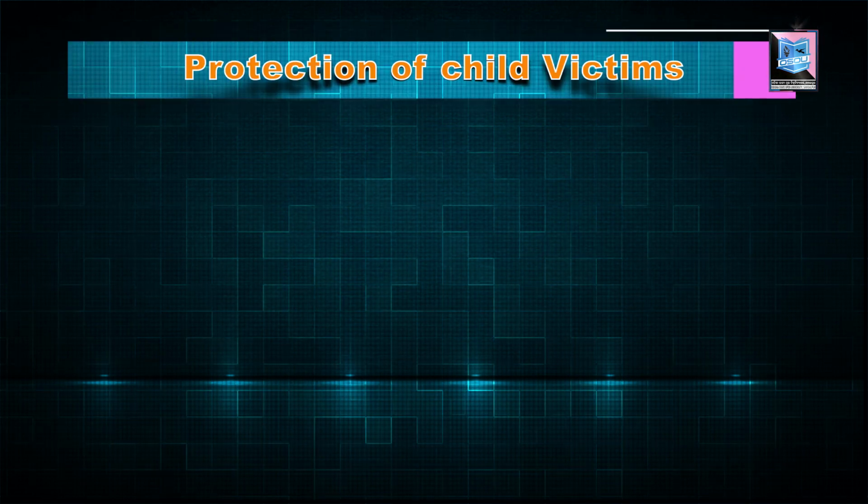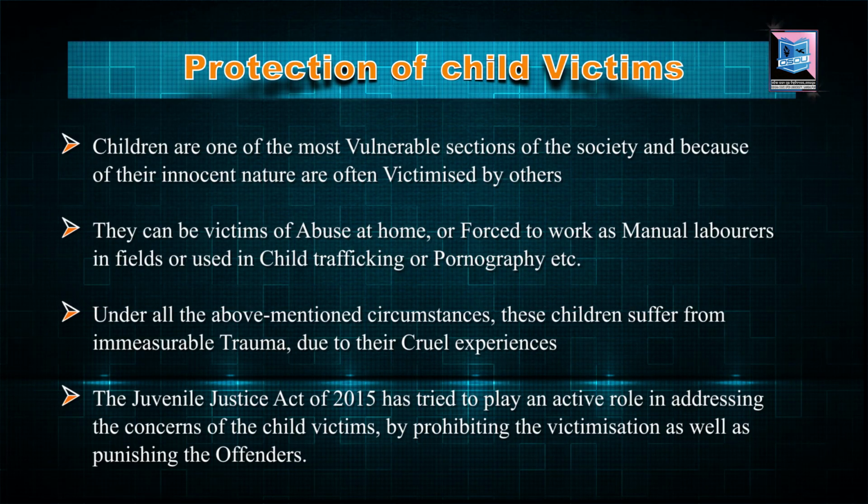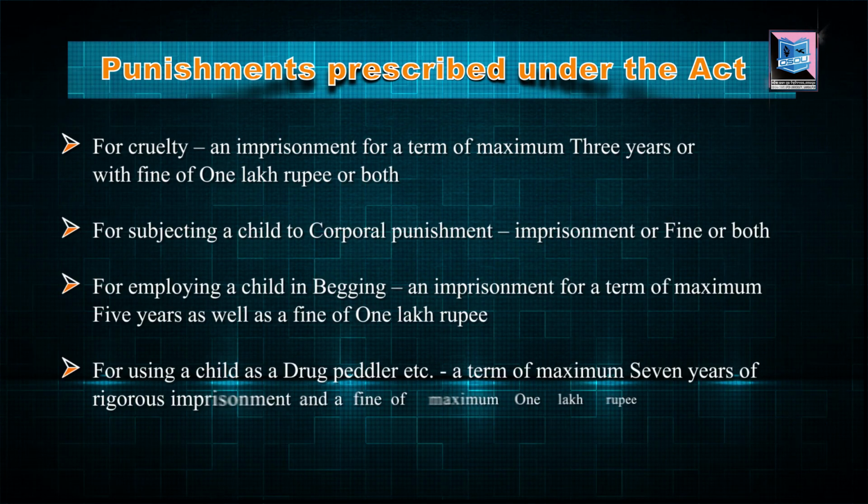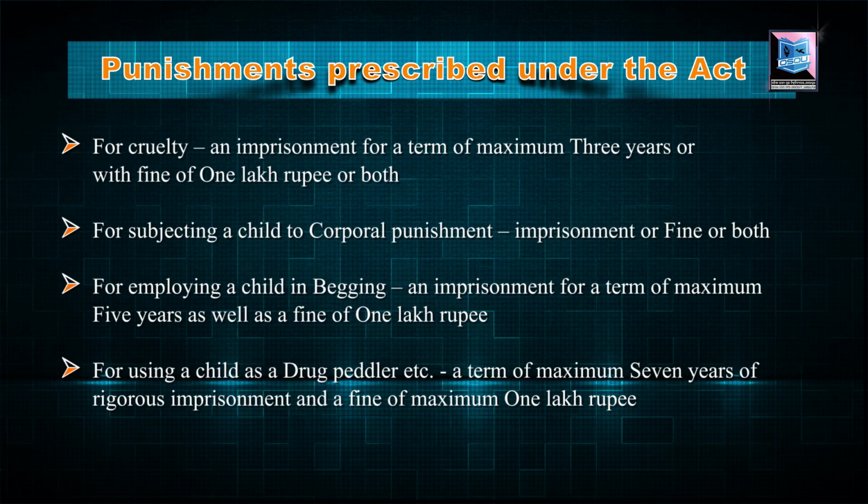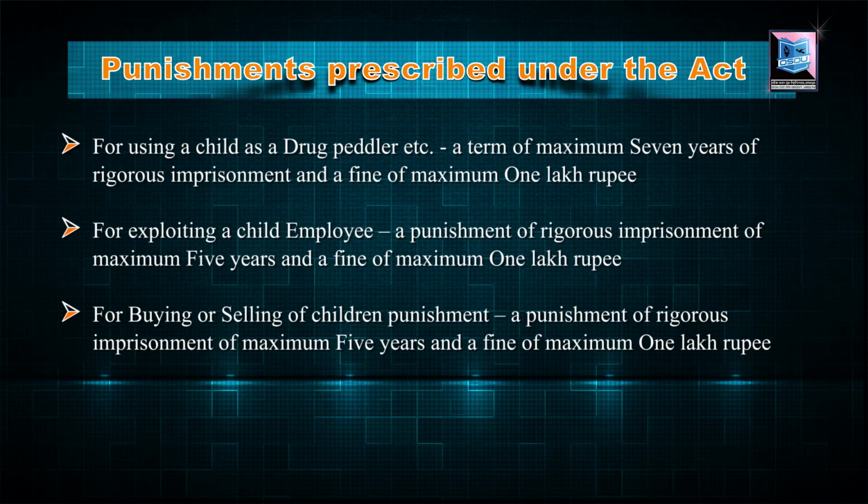There are various punishments prescribed for these offenders: for treating the children cruelly, for subjecting these children to corporal punishment, for employing child beggars, for using a child as a drug peddler, etc. Further, the Juvenile Justice Act of 2015 also aims to punish the offenders for exploiting the child employee, for indulging in buying or selling of children, etc. As you can see from the PPTs, all these punishments provided under the various heads are aimed to create a deterrent effect.